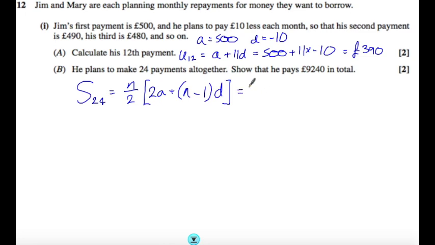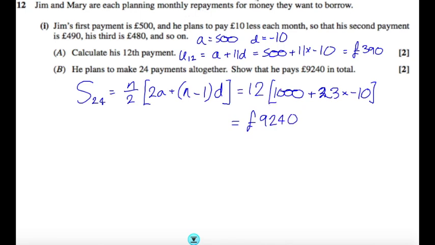So 24 over 2 is 12. 2a is going to be 500 times 2 plus n minus 1 d, so 23 times by minus 10. So we're doing 12 times 1,000 plus 23 times minus 10, which is 9,240. Okay, good.